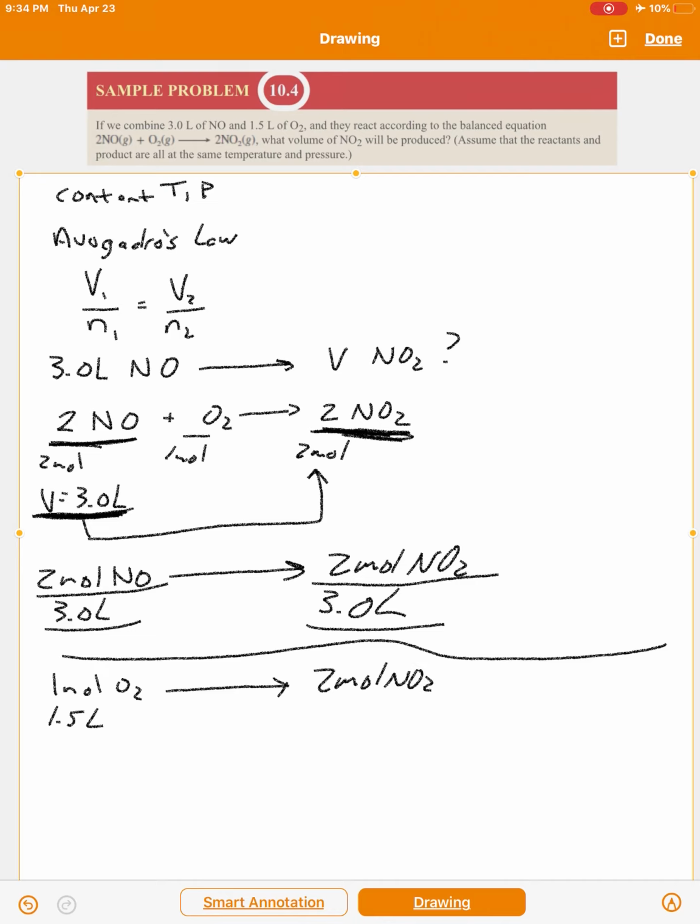So its volume, because there's twice as much gas, should be twice as much. So 2 times 1.5 liters, which again gives you 3 liters. So you get the same answer either way. If you use the NO, you get 3 liters for NO2. If you use the O2, you get 3 liters for the NO2. Avogadro's law.